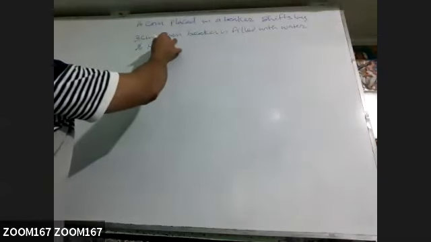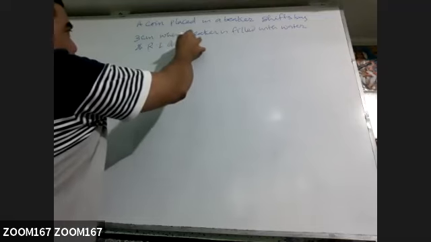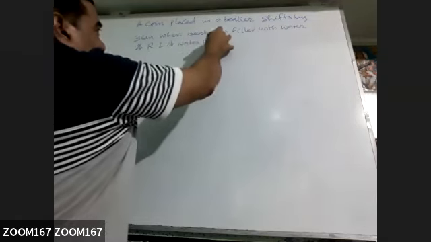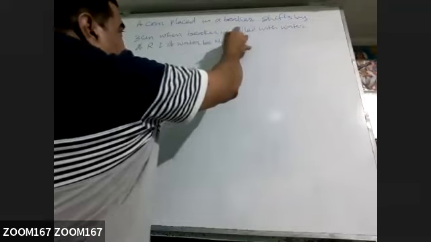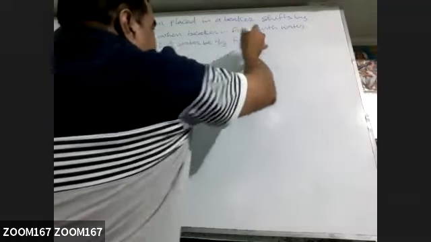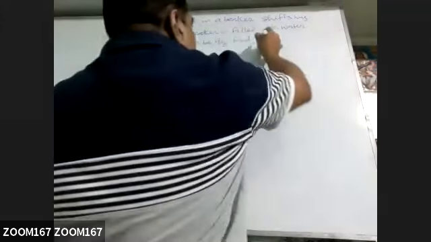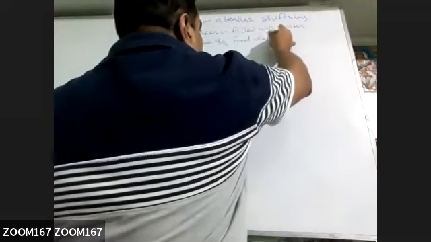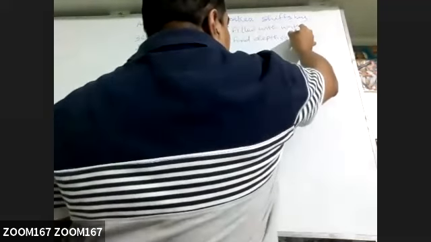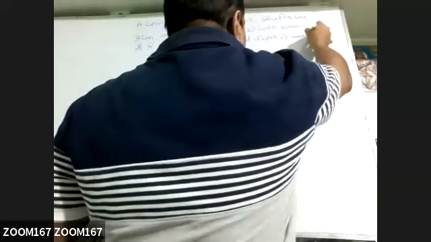If the refractive index of water is 4 by 3, find the depth of the beaker, or water, whatever it is. Because the beaker is filled with water, whatever the depth of water will be, the same will be the depth of the beaker.